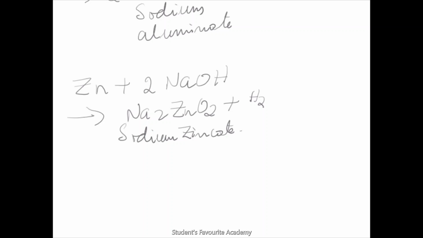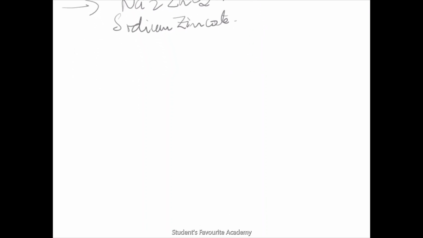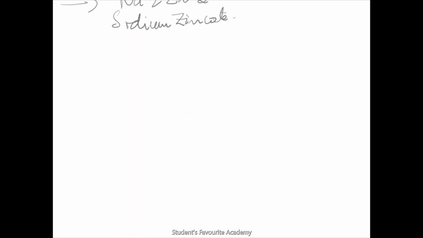Similarly, another method of preparation is when an acidic oxide and a basic oxide combine. Do you remember you learnt in 9th standard? An acidic oxide is an oxide of a non-metal like sulfur dioxide, carbon dioxide, sulfur trioxide, phosphorus pentoxide. These are examples of acidic oxides. And what is a basic oxide? A basic oxide is an oxide of a metal. So when these two combine, then also you get salt. So sulfur dioxide plus calcium oxide, when heated together, gives calcium sulfite.